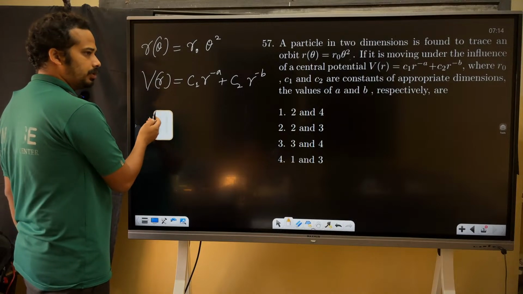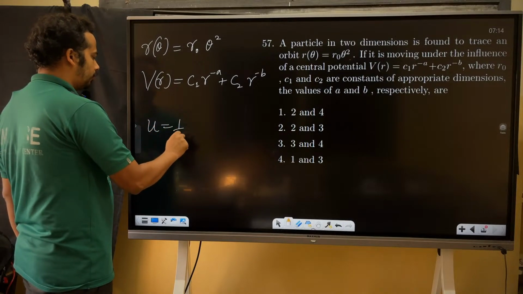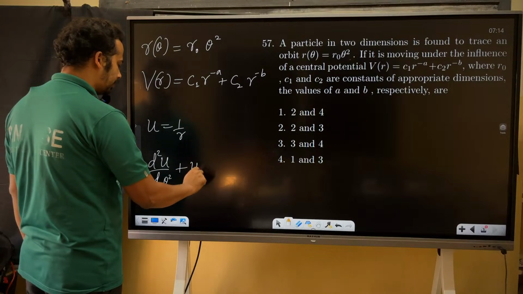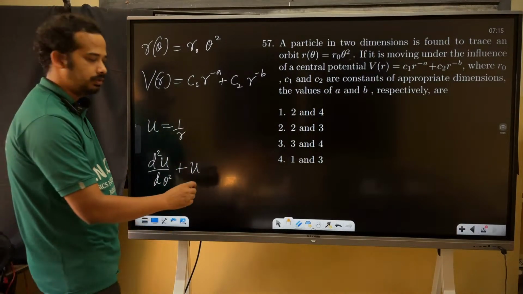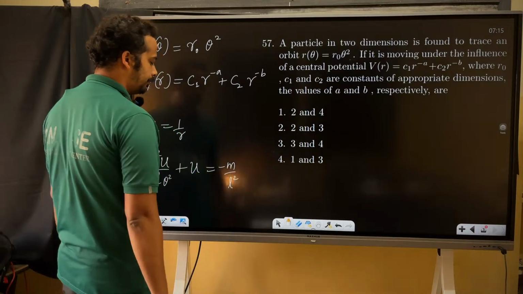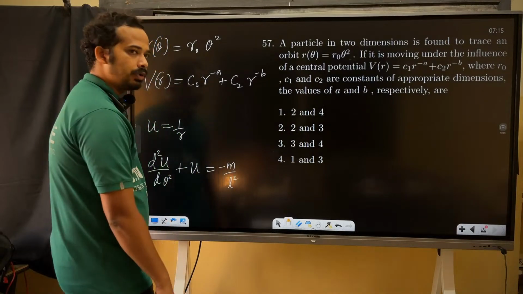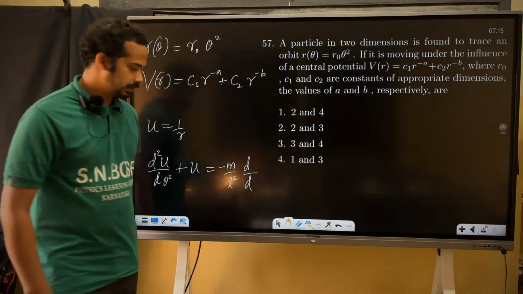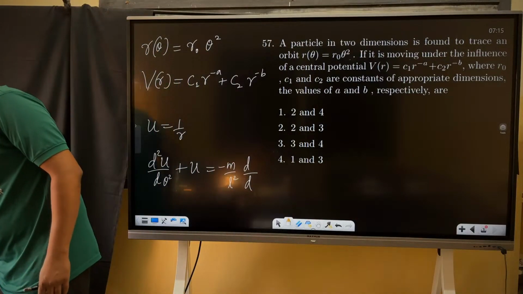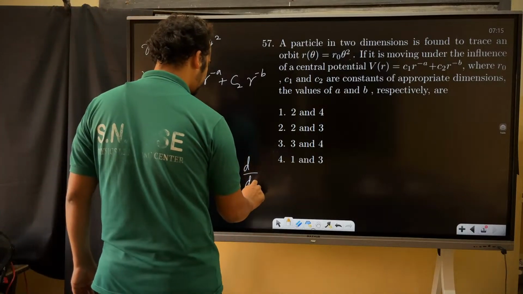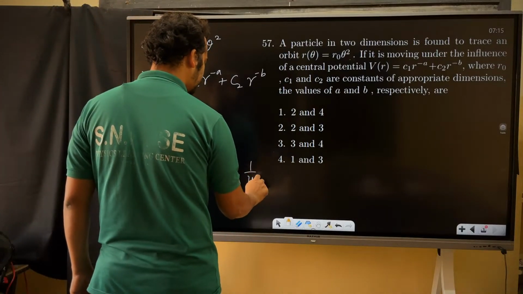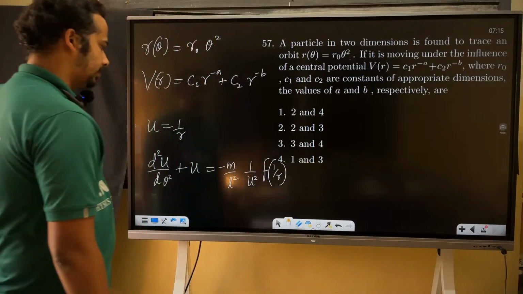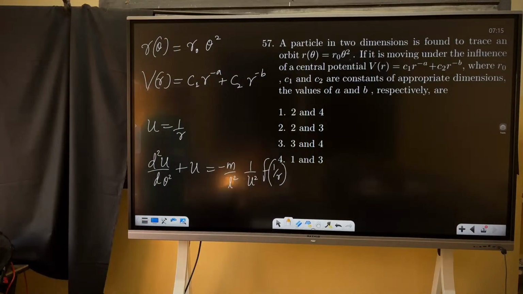We define u which is equal to 1 by r. Then d square u by d theta square plus u equals minus m by l square, u square or 1 by u square, into f of 1 by u.